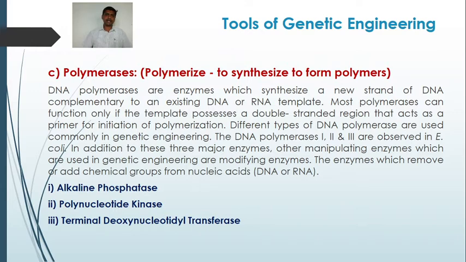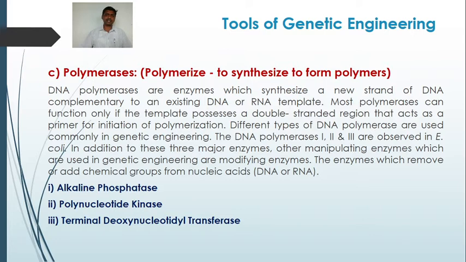In addition to this DNA modifying enzyme, some more enzymes are also used in genetic engineering. These are alkaline phosphatase, polynucleotide kinase, terminal deoxynucleotidyl transferase. So this is all about the enzymes used in genetic engineering.